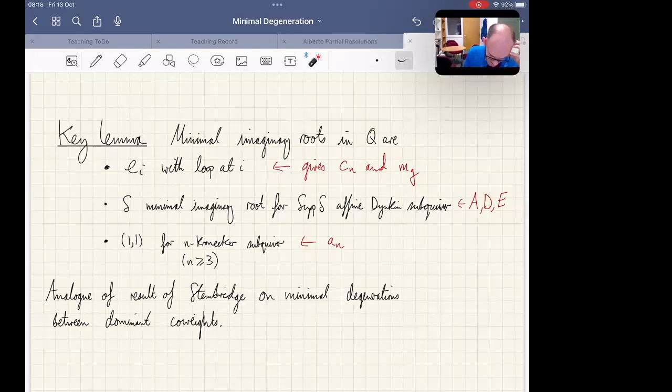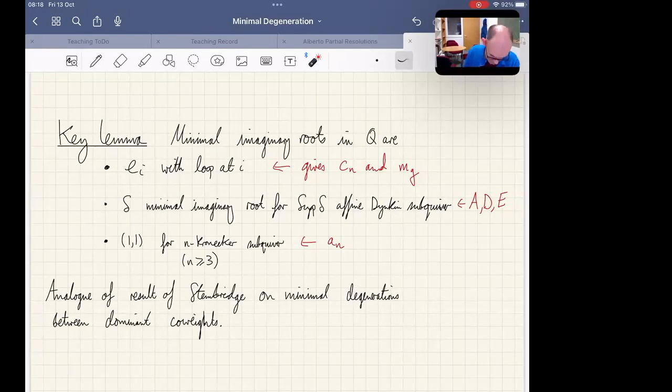And you see from each of these three minimal imaginary roots, you get the corresponding minimal degenerations. So loops at vertices correspond to these strange ones, C_n and M_g. M_g was this non-normal thing. Of course, these ones give you Kleinian singularities, and these give you the minimal nilpotent orbit closures of type A. And as many of you, I'm sure, already know, you can think of this as an analog of a result by Stembridge on minimal degenerations between dominant coweights.